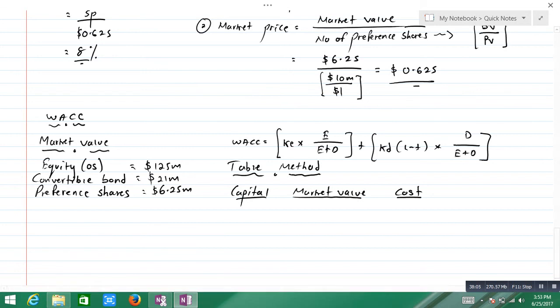We copy paste here the cost of equity we calculated just now, 10%. Convertible bond, which is your KD, 6.43%. Then we have the cost of preference, 8%.